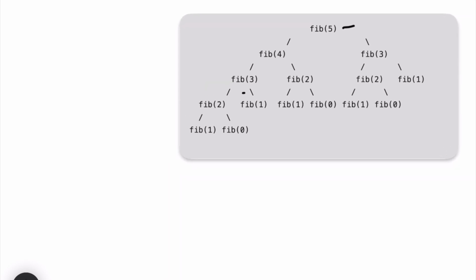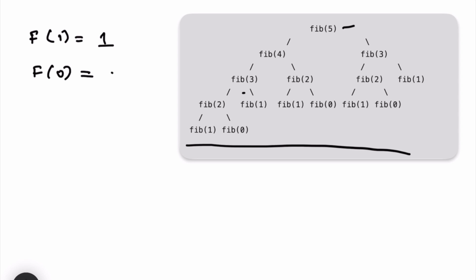Now let's try to solve it. When we solve it, we have to start from the leaf nodes. Let's write it down: f of 1 equals 1, f of 0 equals 0, and f of n is f of n minus 1 plus f of n minus 2.